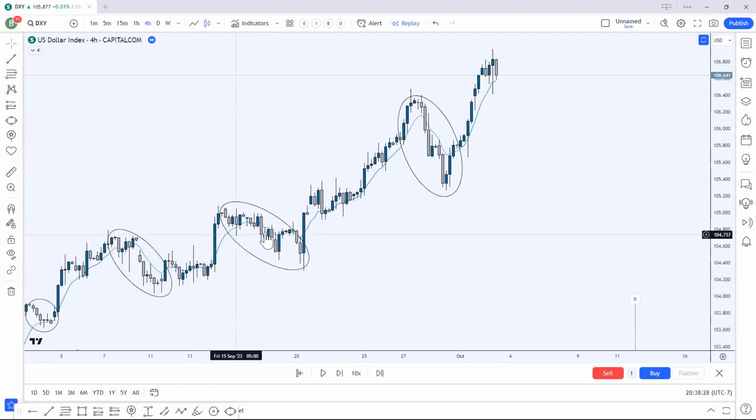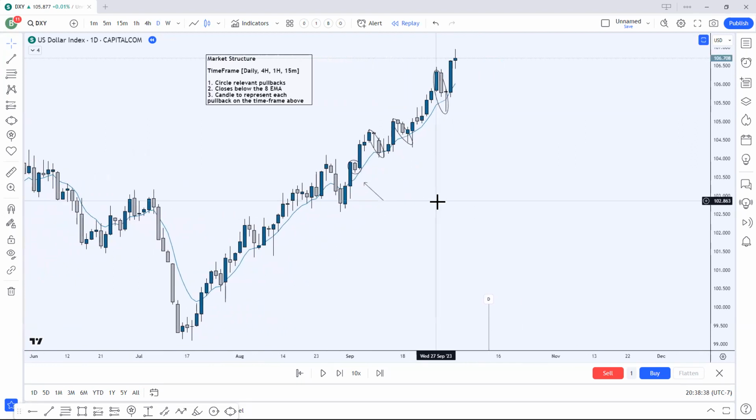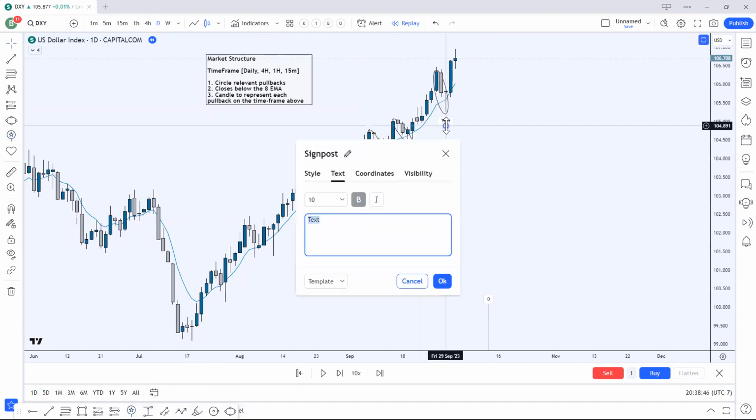All of these that we circled are showing closes below the EMA. And then on the daily, there's a candle to represent that 4 hour pullback. So now all of these are going to be valid 4 hour.